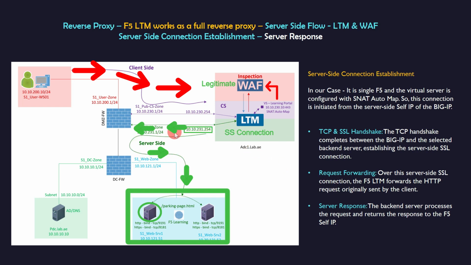This connection completes the TCP three-way handshake and TLS handshake. So far, the TLS connection is established between the server-side VLAN self IP and the selected pool member. Over the server-side TLS connection, the LTM forwards the HTTP request originally sent by the client. Now, the backend server receives and processes the request and returns the response to the F5 server-side VLAN self IP.